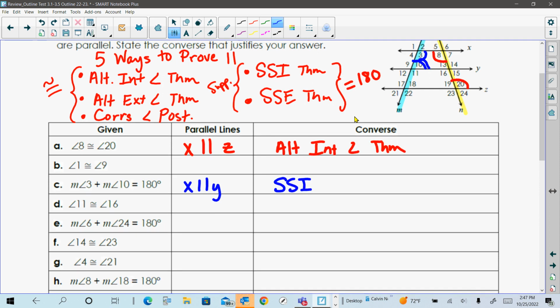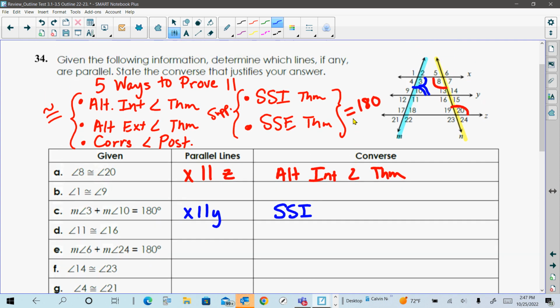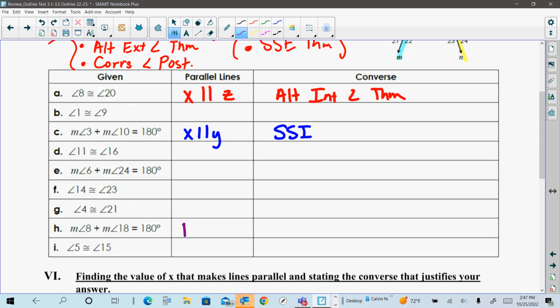There is a possibility for you to have none or does not exist. Like if I'm looking at H where it talks about 8 and 18. So if I'm focusing on angle 8 and angle 18, which is over here, they do not have a line in common. So if they do not even have a transversal, the answer is does not exist, or you can say none, because there's no transversal.